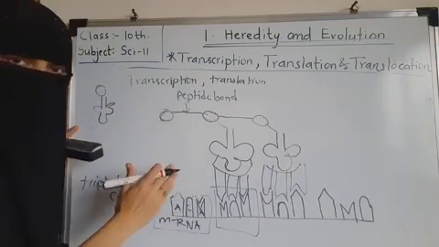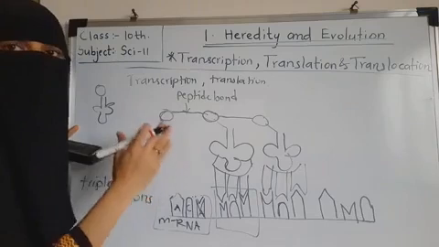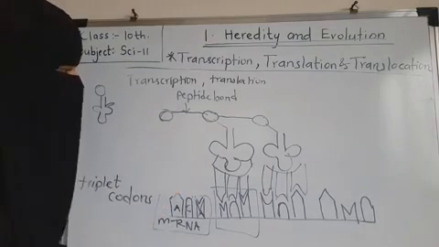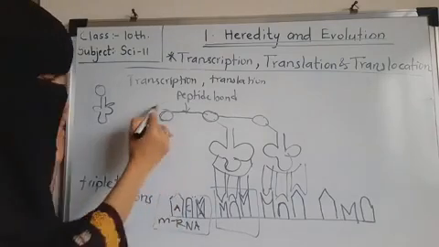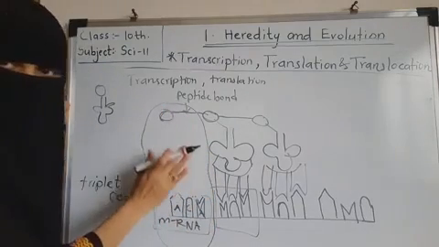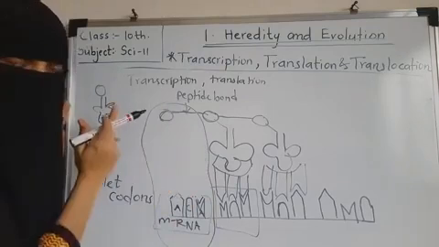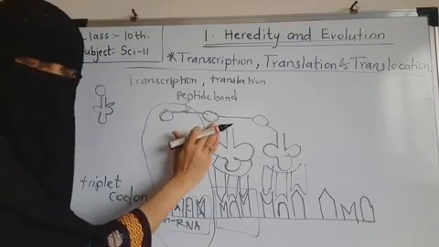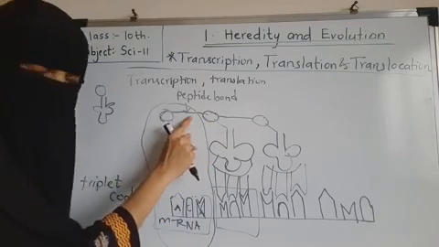So at that time, what does the ribosome do? See, all this is going on in the ribosome. When its work is over, the transfer RNA gets detached from here, and the amino acid remains attached to another amino acid with the help of a peptide bond.